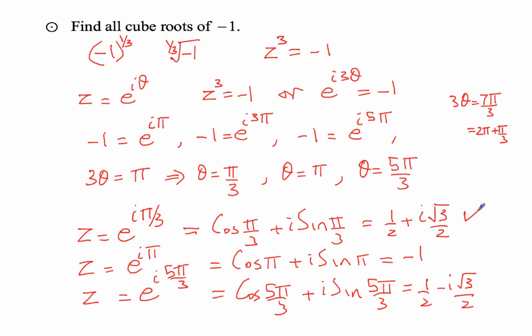And so we have got the 3 cube roots of -1. And as you can check, there are only 3 distinct cube roots, because if we keep adding 2 pi's over here, we will not get anything different.